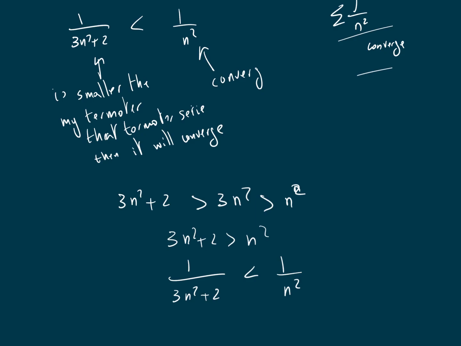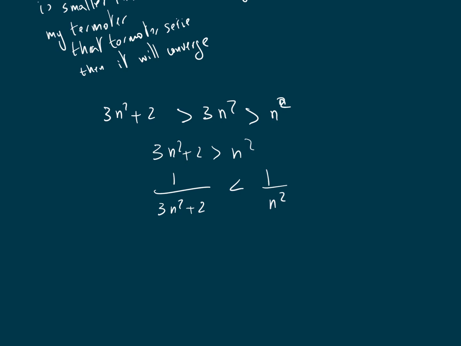So what happened now? This one converges. Why? Because the integral test says that this converges. So this one is smaller than the one that converges, then it will converge.